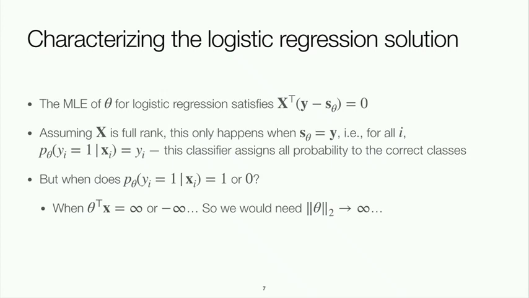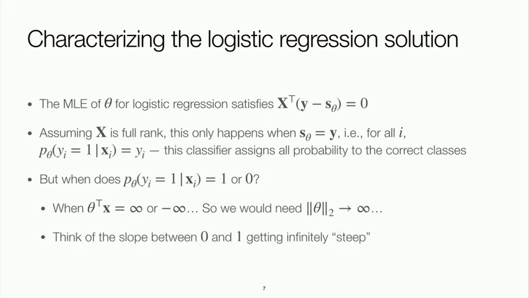For x with finite entries, which we would assume our data points have, this is only going to happen when the norm of my parameters grows unboundedly. My parameter entries have to get bigger and bigger in order to have the sigmoid values be closer and closer to 0 or 1, and that's the only way I'm going to find the optimal solution, or the MLE, for this particular problem.